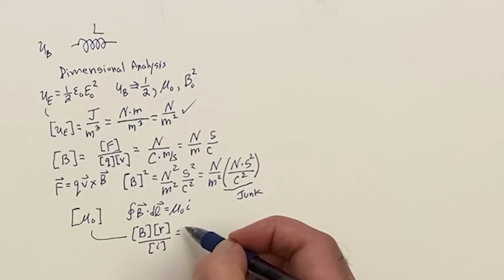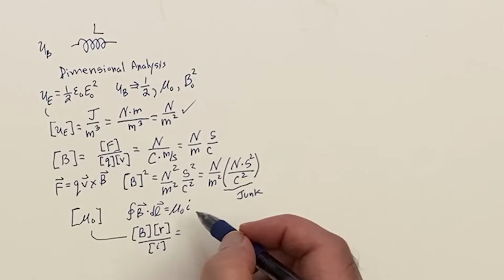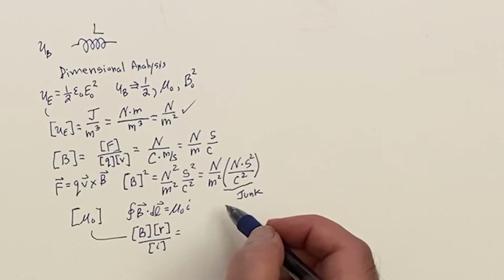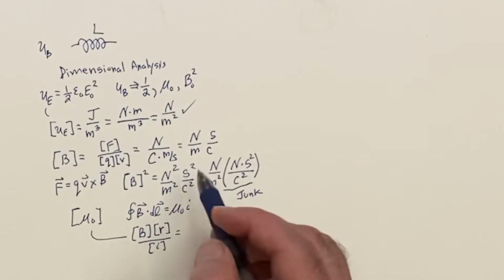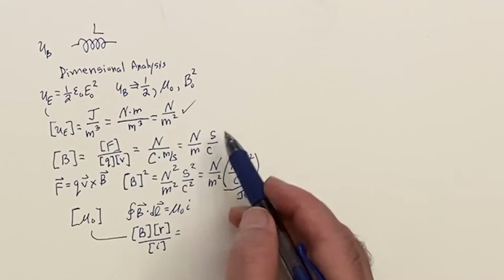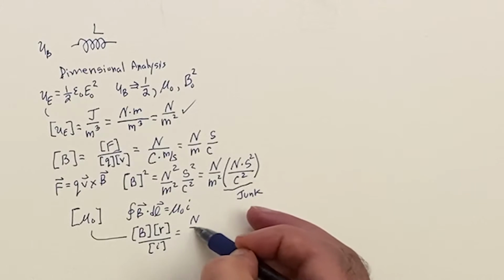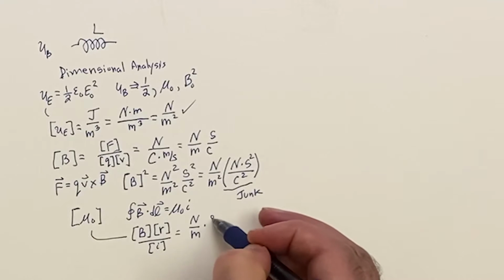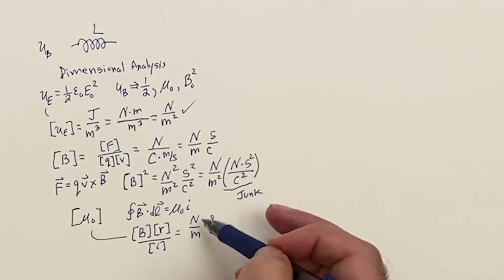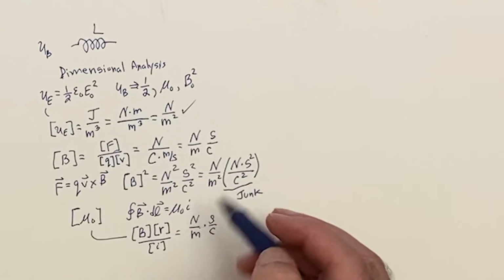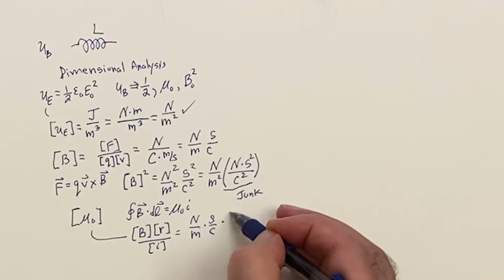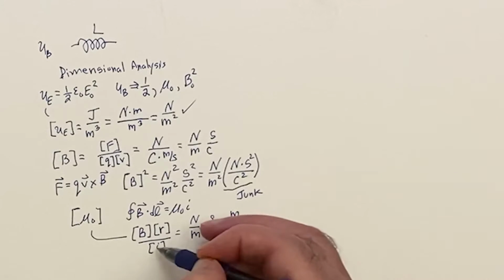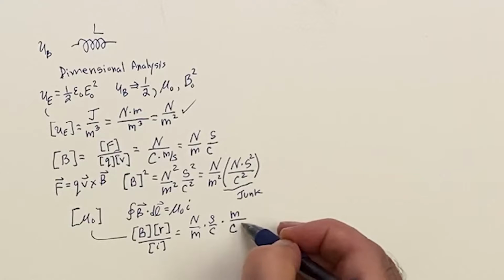So that would mean that the B, since I already know what that is, that's up here. I already got that one, so I'm going to copy that one down again. Newton per meter second over Coulomb. That's what the B is. And then the R is a meter, and the current is Coulomb per second.